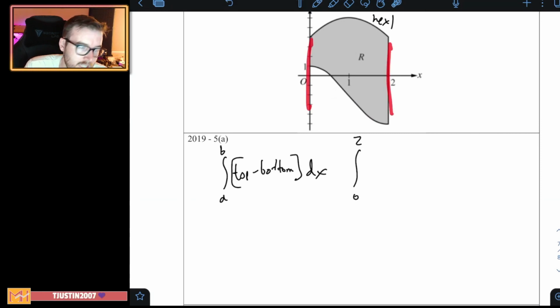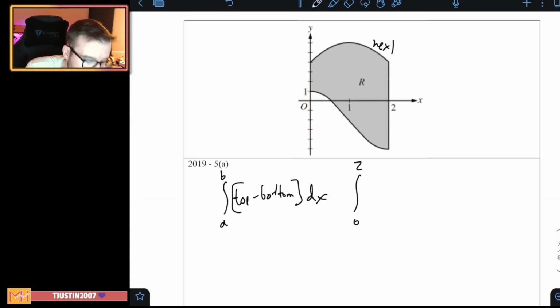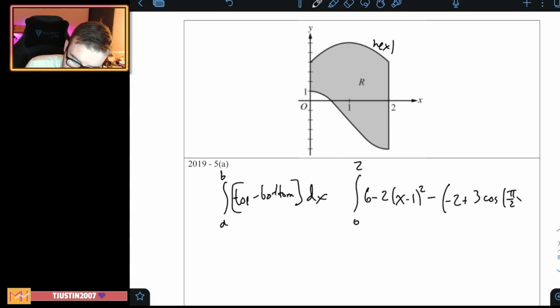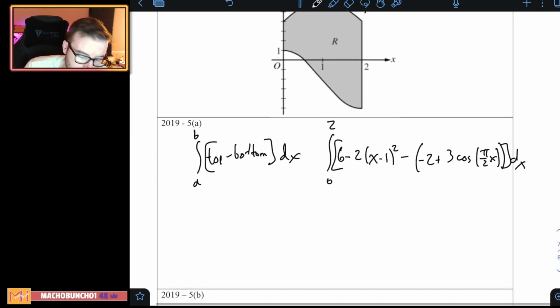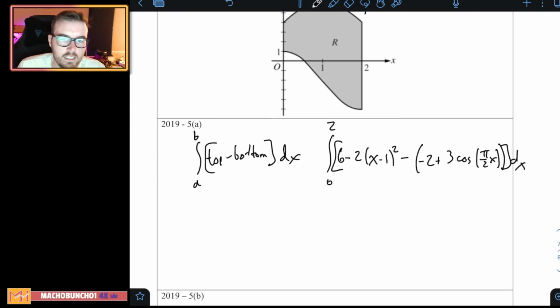Because that's the beginning and that's the end. h of x is 6 minus 2 times (x minus 1) squared, minus g, and g is negative 2 plus 3 cosine of pi over 2 x, all with respect to x. That's going to earn you a point, folks, right there. You've got the correct setup.